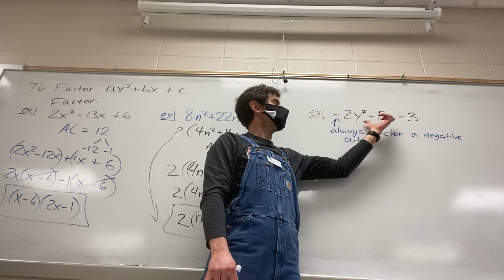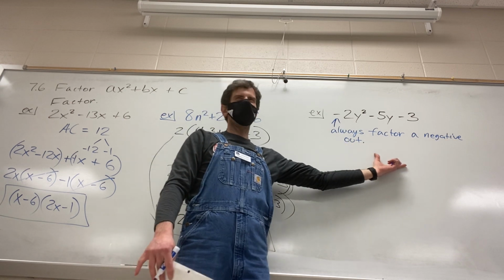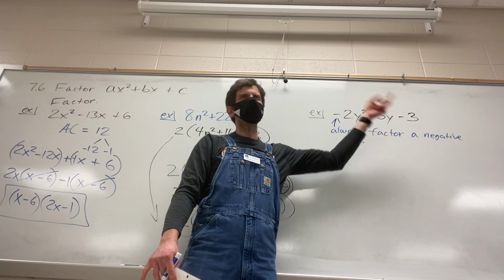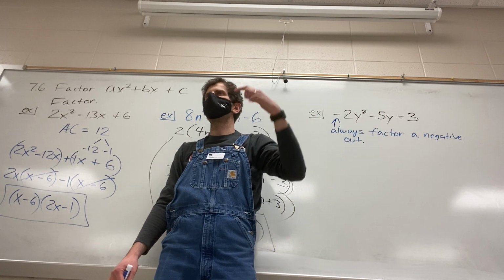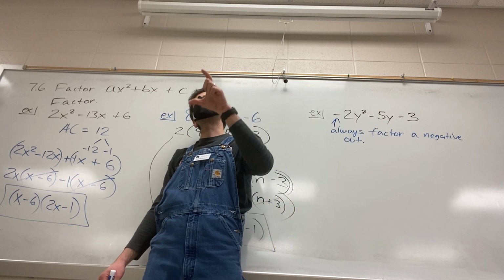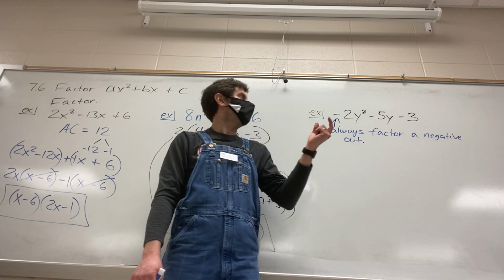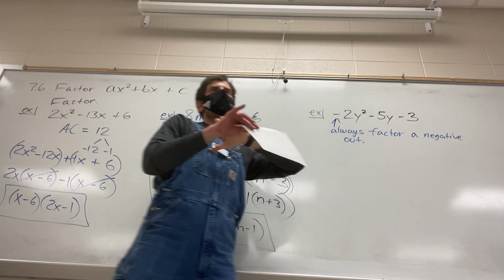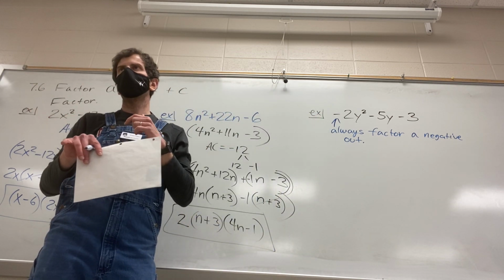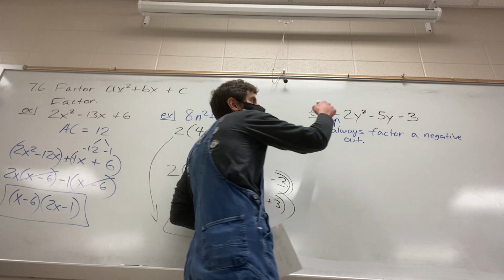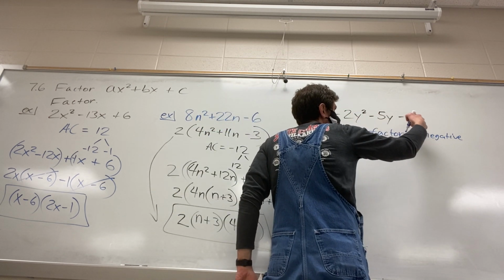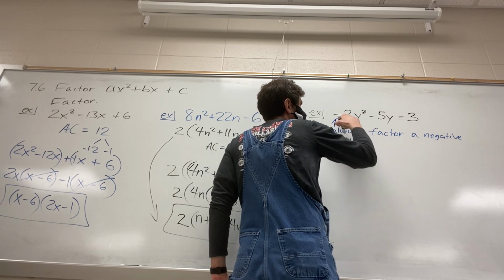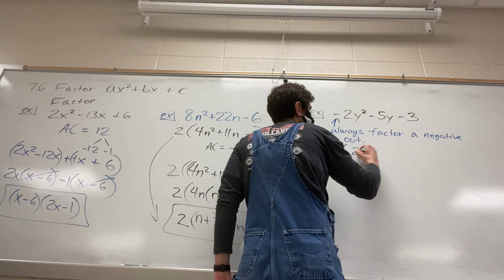The reason why is you'll still be able to do the AC method, but on certain sign relationships, the answers won't work out. Or it'll work out, but it'll give you a wrong answer. If you always get rid of the leading negative, the AC method will always work for you, okay? So we're going to factor out a monomial of what? Negative 1. How is that going to impact it? Make it all positive. You got it.